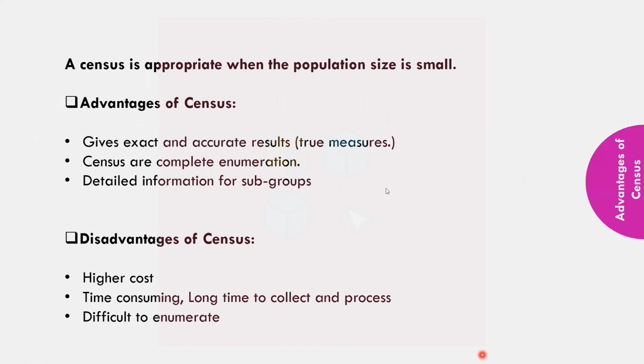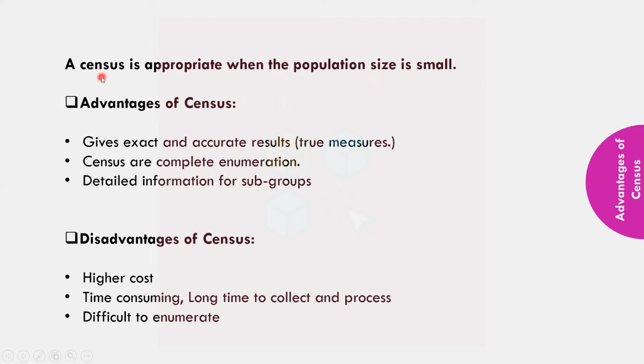Census is another term. Census means a study in which all the elements of the population are involved. If the population has capital N observations, then the study is called a census study, and this is appropriate when the population size is small.